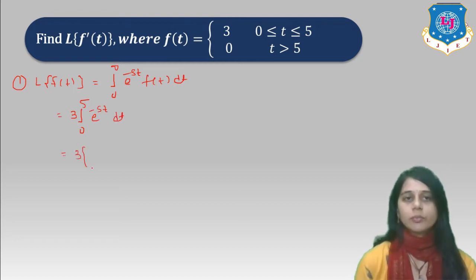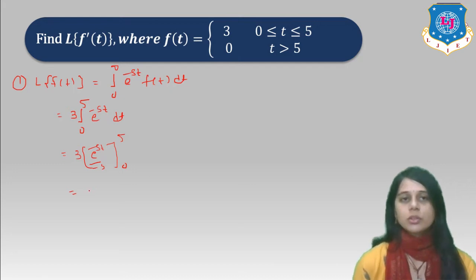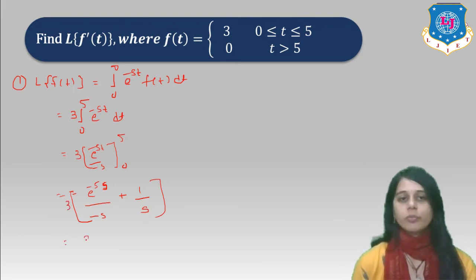So it is 3 e raised to minus st upon minus s, from 0 to 5. So it is e raised to minus 5s upon minus s plus 1 upon s, times 3. So we get 3 by s, 1 minus e raised to minus 5s.